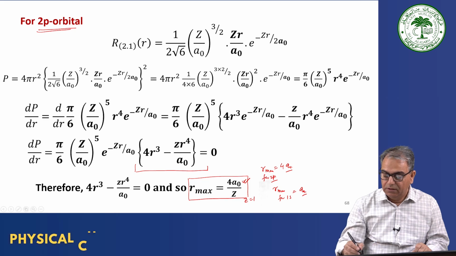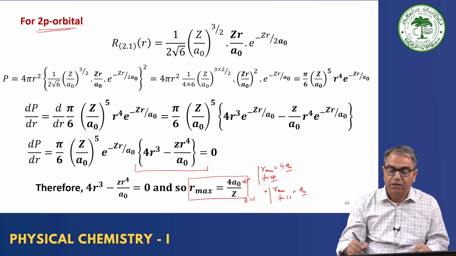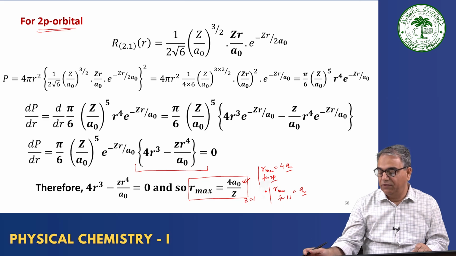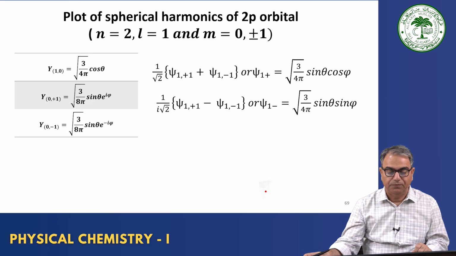This way you can calculate it for other orbitals also, for 2s also, for 3s also. But for 2s, you know that at r equal to 2 a naught, it will have a node. That you can do.